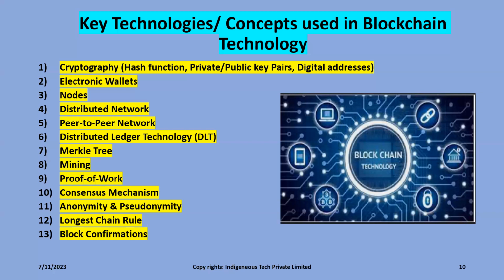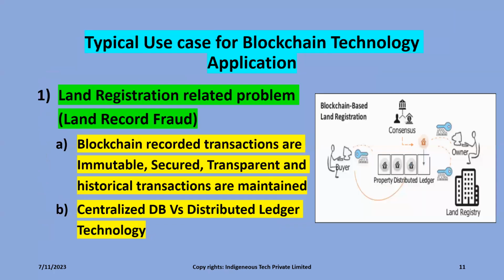If 51% and above of the nodes vote for that particular block, that block will become the next block. Now, anonymity and pseudonymity, as well as the longest chain rule and block confirmations, are additional concepts available in blockchain, which we will discuss in our subsequent videos.